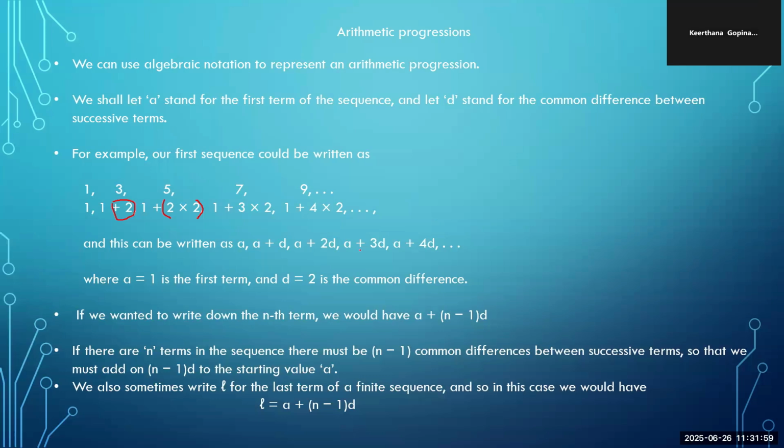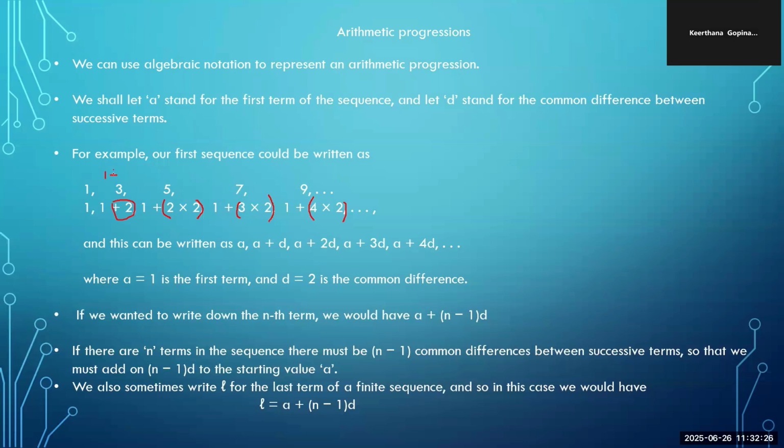Now look at this. The next term is 1 plus 3 into 2. Then 1 plus 4 into 2. Now this follows the pattern, right? Actually, here it is 1 plus 2 into 1. You can also write it like this.